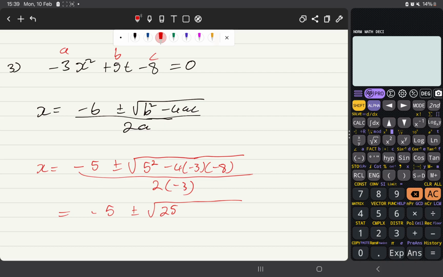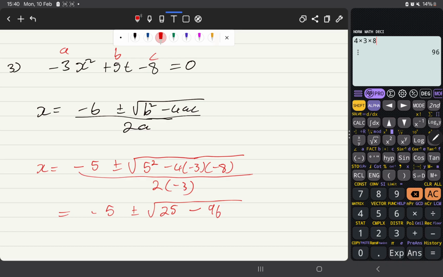Something really interesting is going to happen right here. So I have 4 times 3 times 8, which is 96, and it's going to be negative.